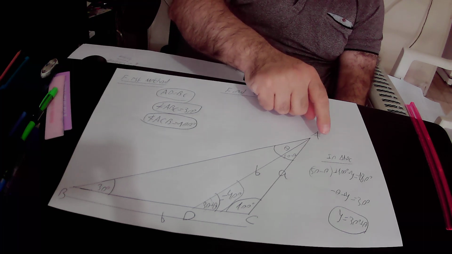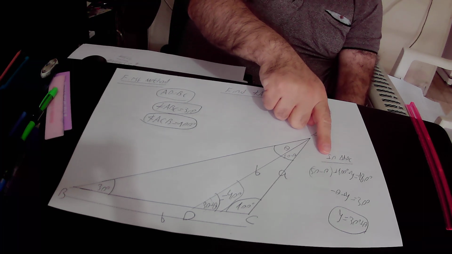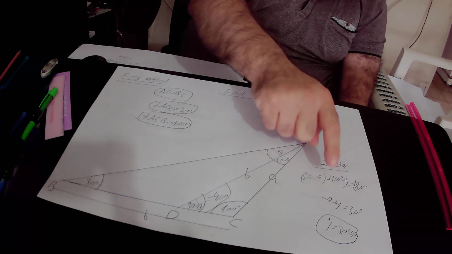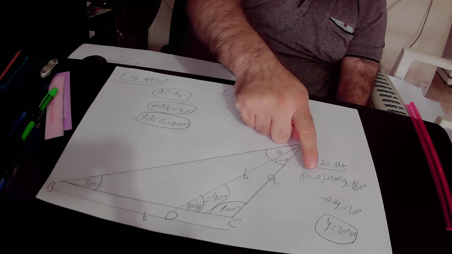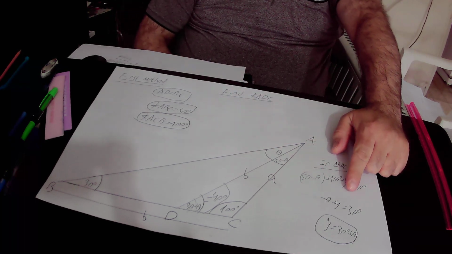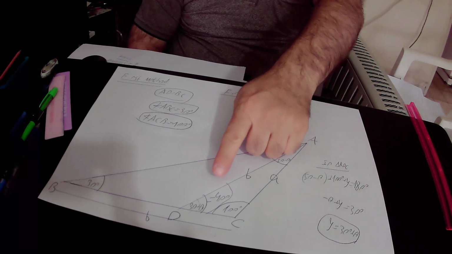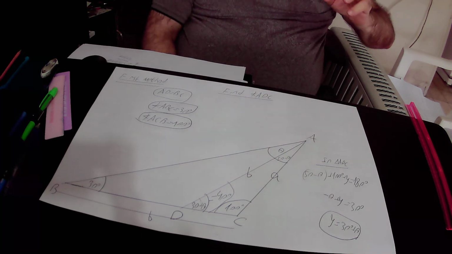Here we subtracted 150 degrees from this equation, and 180 degrees minus 150 degrees is 30 degrees. On this side of the equation we have only minus theta plus Y. So we added theta to the equation, and we got that angle Y equals 30 degrees plus theta.